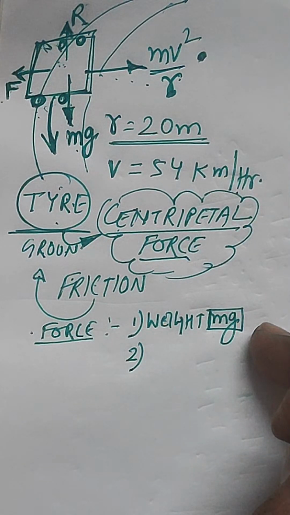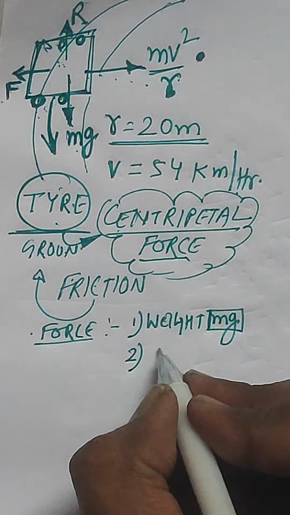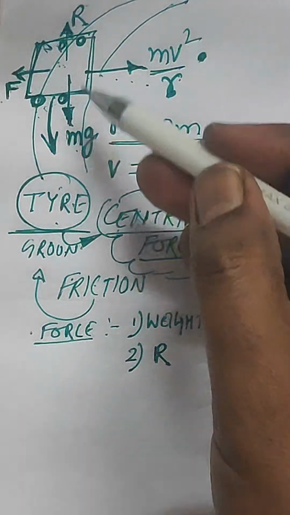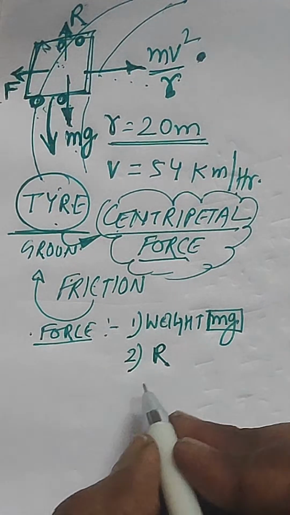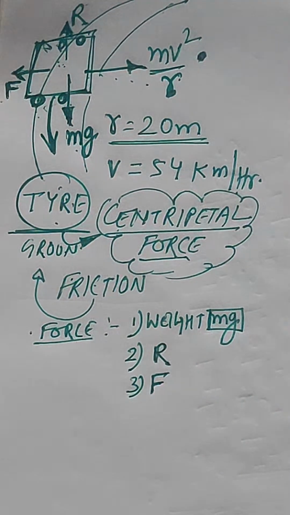That is the resultant upward force due to the contact force. This is the normal reaction R, by the ground on the wheels. And the frictional force F directed towards the center of the circular path. So this is the frictional force F.